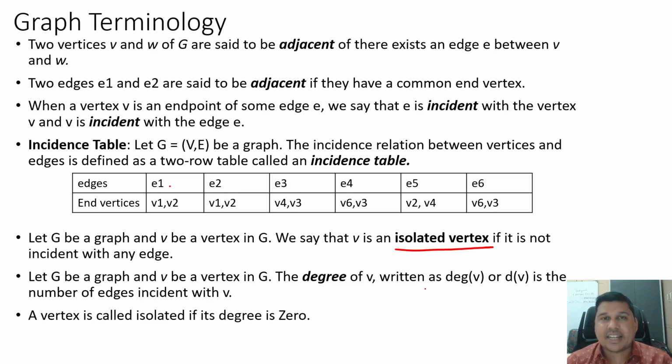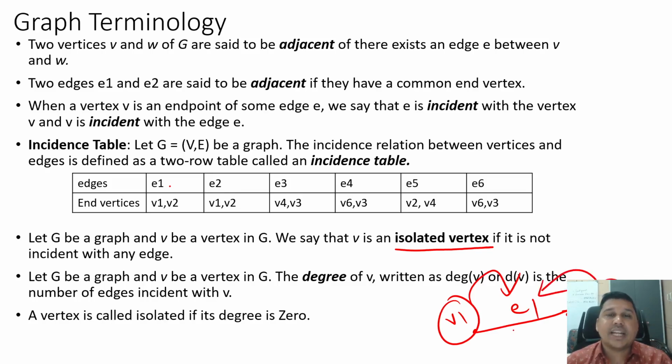A vertex is called isolated if it is not incident with any edge. It means I have two vertices V1 and V2 and there is an edge E1. We are saying that V1 is incident on edge E1, and V2 is incident on edge E1.